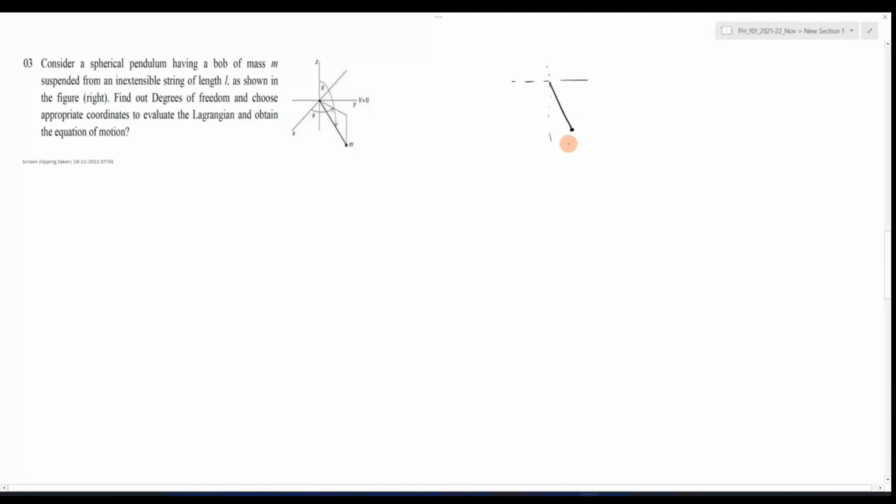First, it can oscillate like this. Second, this angle is theta given to us, and also it can rotate in the phi plane.